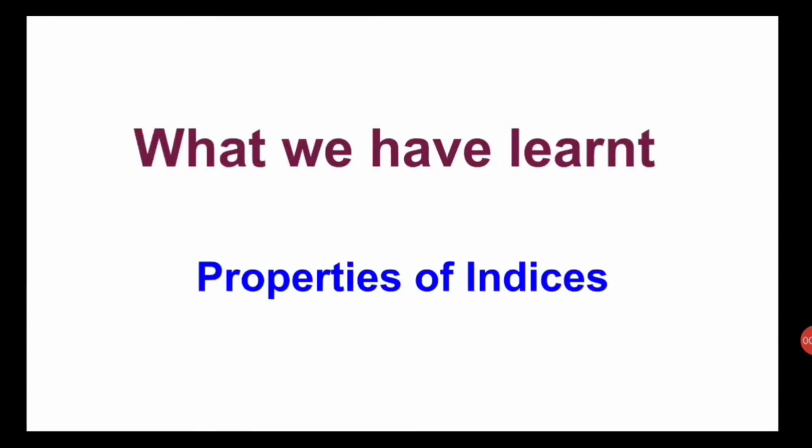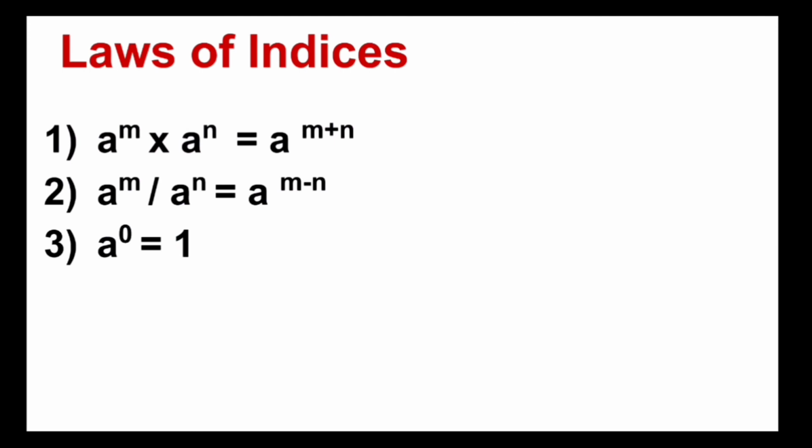So children, what we have learned while solving practice set 27, 28, we have learned the properties of indices. This property is also known as law of indices. So which laws of indices we have seen? First law, when a raised to m multiplied by a raised to n, it is equal to a raised to m plus n. That means base is common and there is multiplication. What we have to do? We have to write base one time and addition of indices. Second property we have learnt, a raised to m divided by a raised to n is equal to a raised to m minus n.